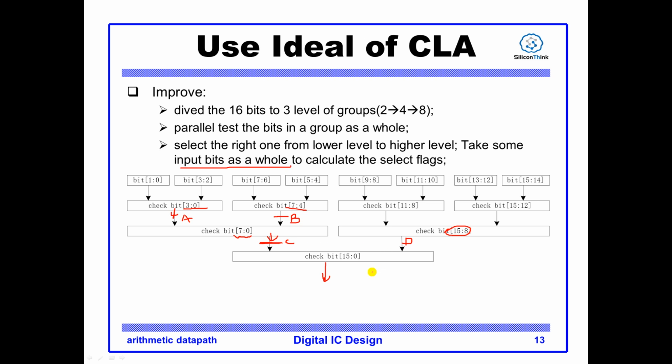Yes, this is the ideal group, and make it a binary tree, and take some bits as a whole to do the design, or you can say to calculate the select flag.